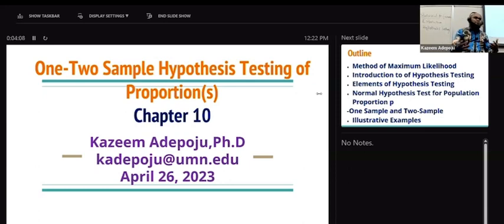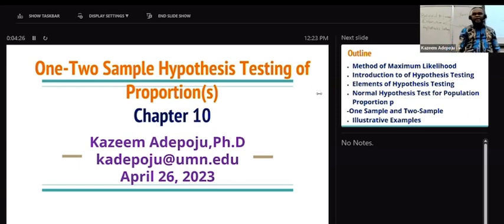Now, what we've done before now, I've walked you through how to estimate. When we talk about estimation, we have two types of estimation: point and interval, right?